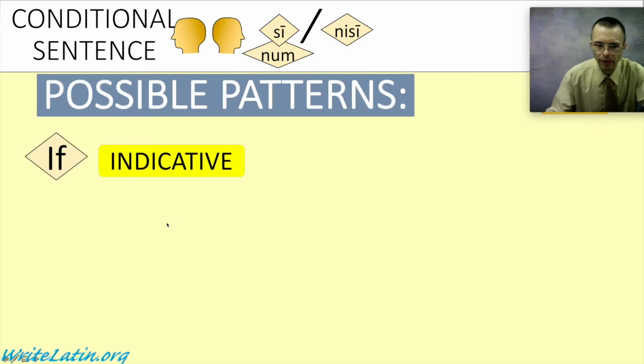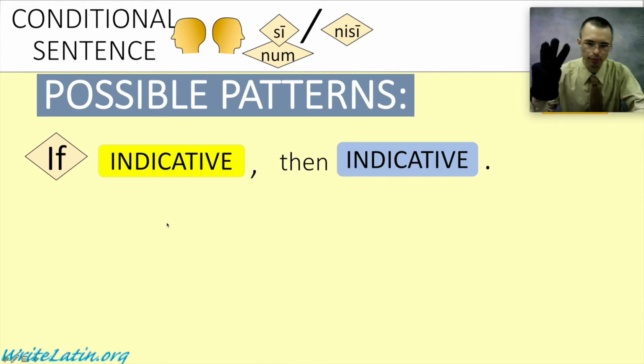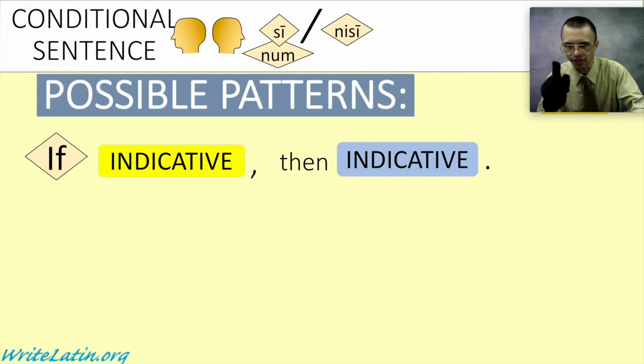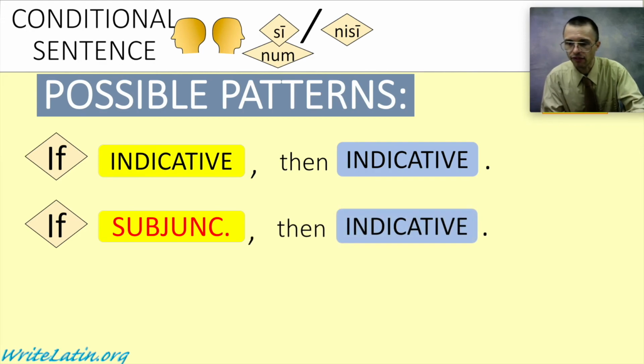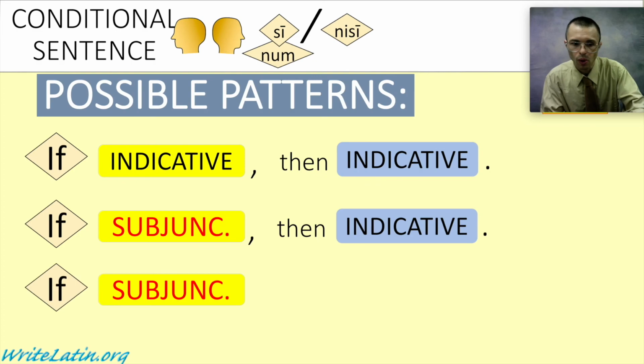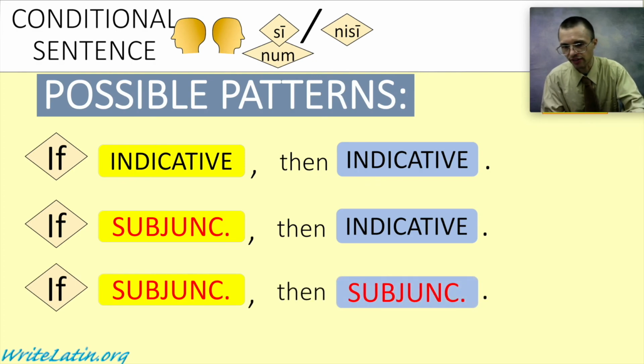All right, what about the verb itself? Well, there are 3 possible patterns it can have. It can be if indicative, then indicative, which you can translate already since it doesn't even involve a subjunctive. However, you might have the if statement be a subjunctive, or you might have both the if and then statements be a subjunctive. And each one of these is going to be translated in a different way. The first one is just like normal.